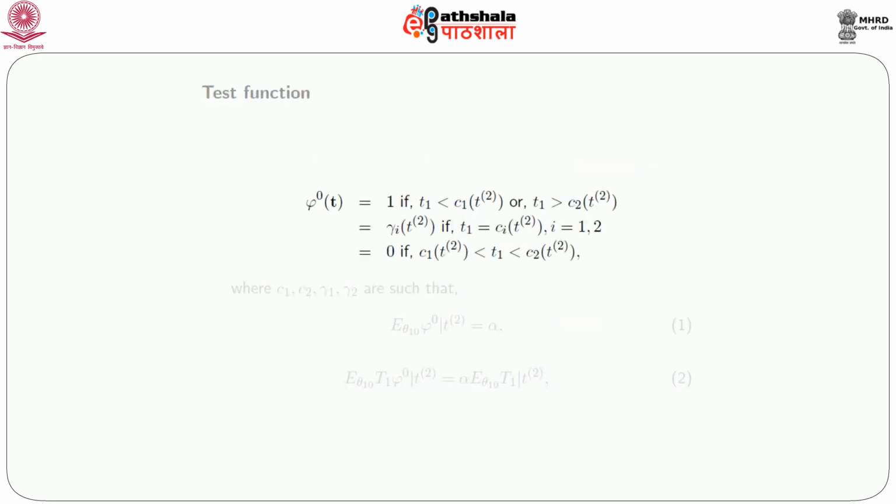The test function is given by psi naught(t) equal to 1 if t1 is less than some c1 or t1 is greater than some c2.